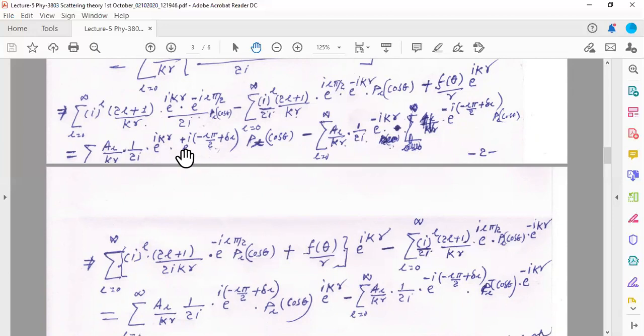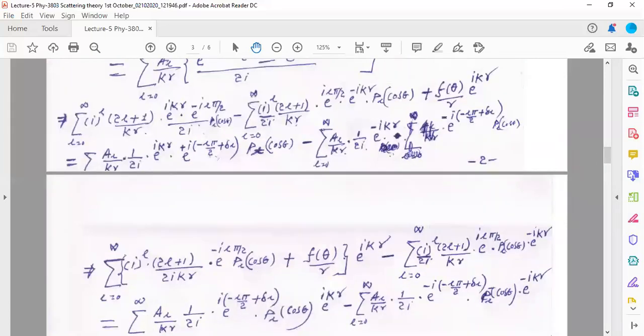Similarly, on the right hand side also, I have separated the e to the power of ikr term and the e to the power of minus ikr term, because I want to compare the coefficient of e to the power of ikr on both sides of this equation. So when you compare the coefficient of e to the power of ikr on both sides of the equation, this is the equation which I wrote here.